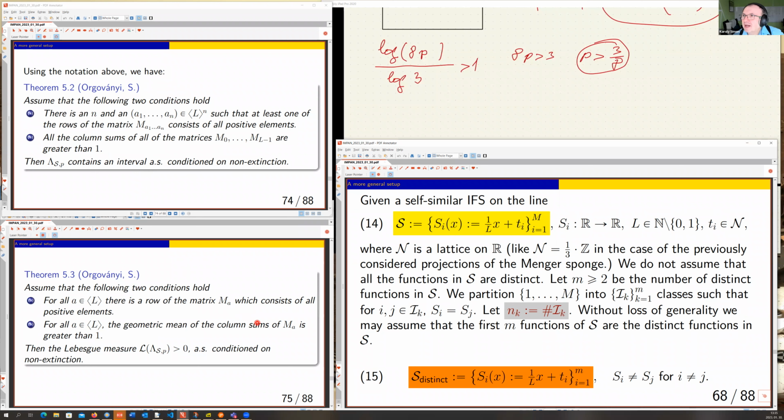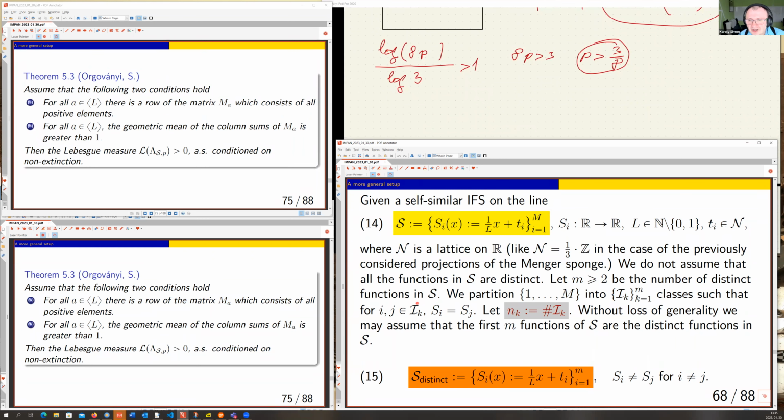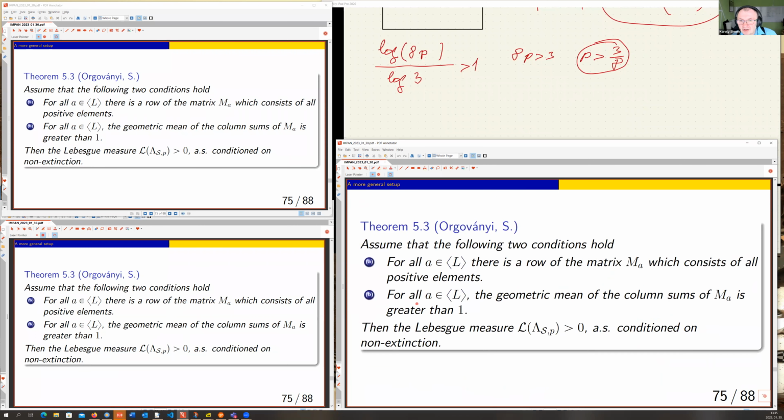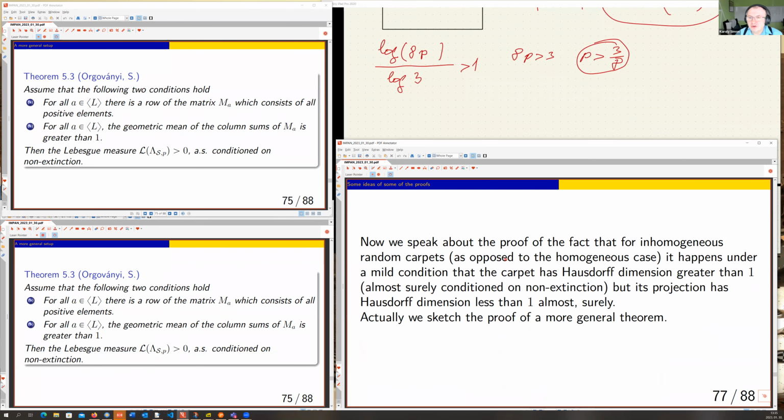But this is a dynamical systems seminar, so I would like to give some more insight into how to prove something like this. That will be a different theorem. I have maybe 10 minutes for that. Now I would like to speak about the fact that in this inhomogeneous random Cantor set, it happens under a Meyer condition that the carpet has Hausdorff dimension greater than 1, but the projection has dimension less than 1, almost surely.